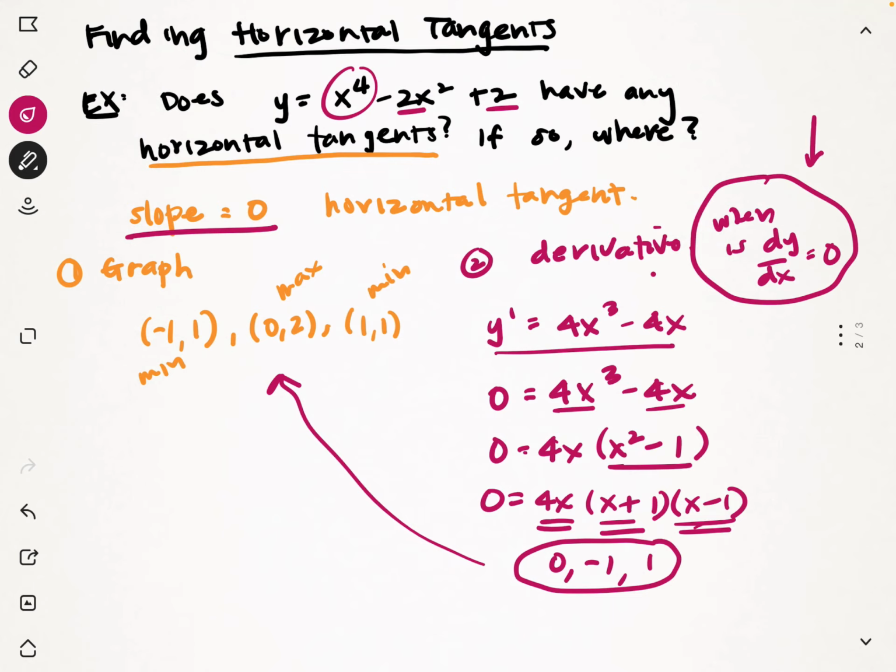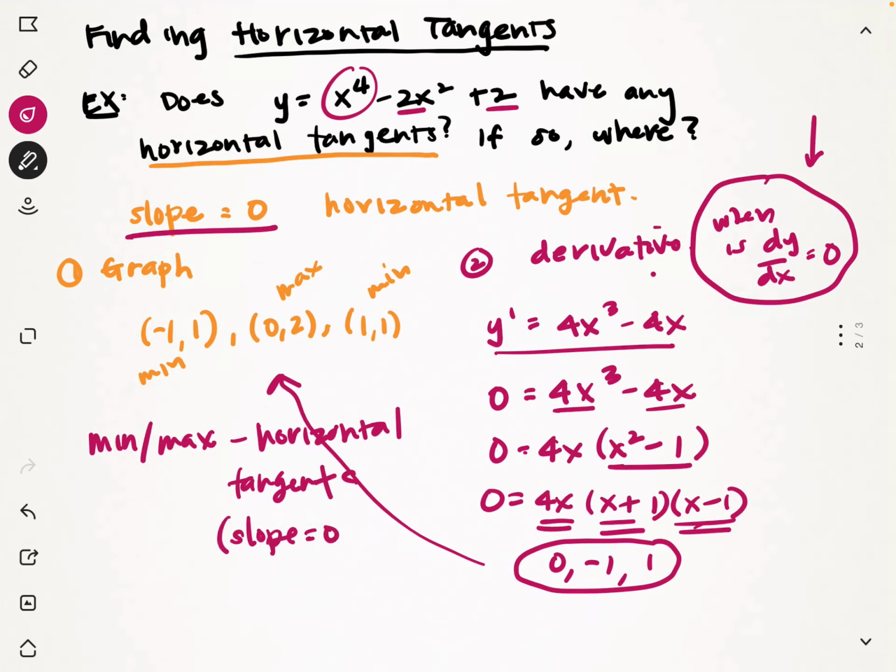We can graph our function and find the mins and maxes, because the mins and maxes give us our horizontal tangents, right? We know that there's a slope of 0 at horizontal tangents.